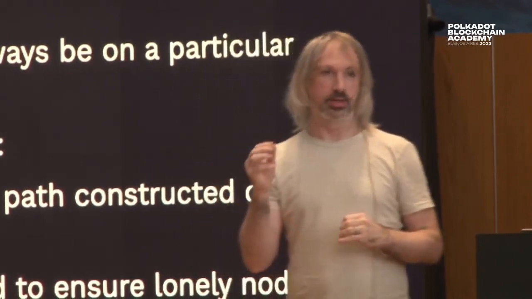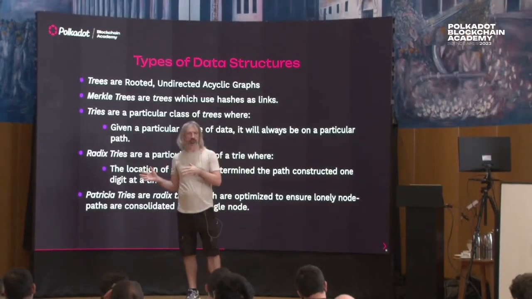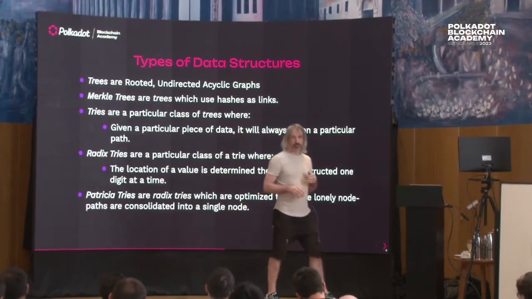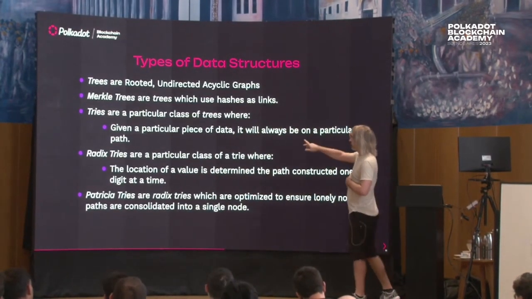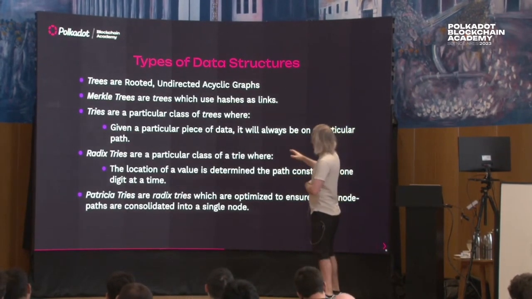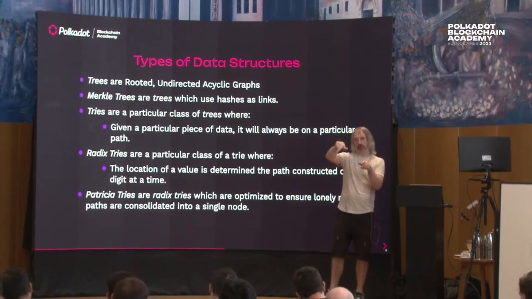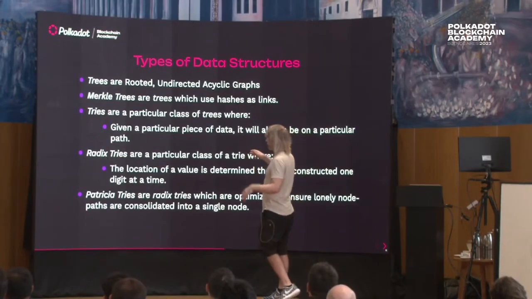There are trees that determine where a piece of data should be located depending on what other data is in the tree, or depending on what actions have happened first in the tree. Tries don't do that. Tries are more dumb and more simple, more constant in that regard. At any given node, you will always know which child to go down to, or whether to just stay at the node, depending on what that data is. You don't need to look at anything else. There's no other context needed.